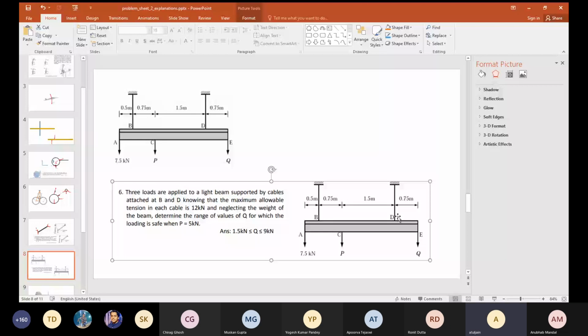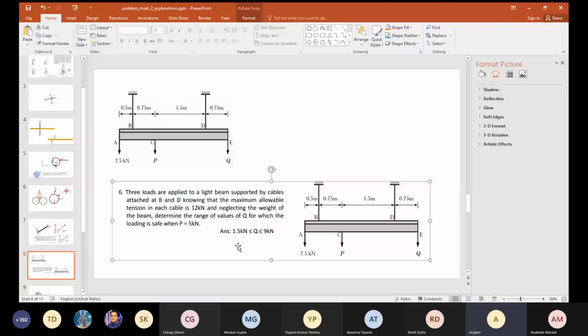We have to find out the range of Q such that the tension at B and the tension at D do not exceed 12 kilonewton. Now you might say, what happens if Q is 0? That is the minimum value, right? But you will see that if Q is equal to 0, it might fail, but if Q is equal to 1.5, it will not fail.